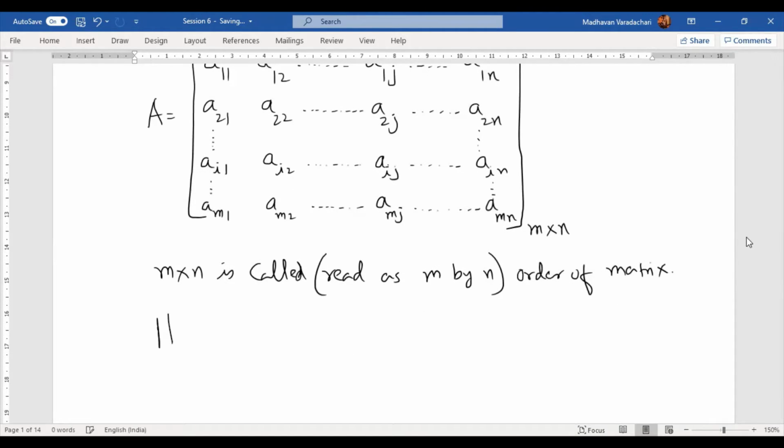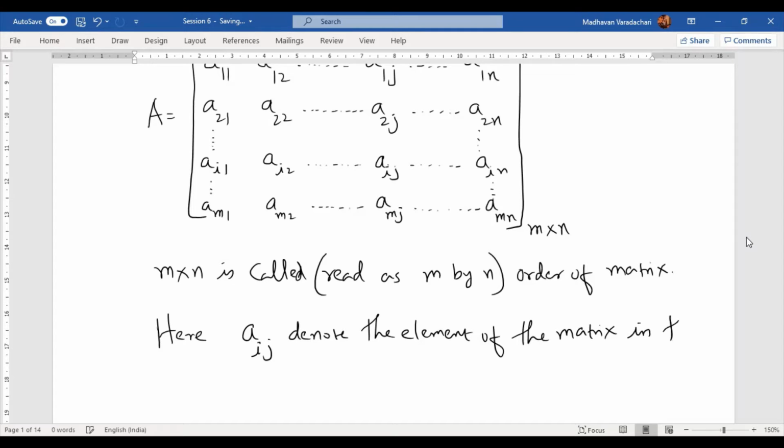Here, a suffix ij denotes the element of the matrix in the ith row and jth column.